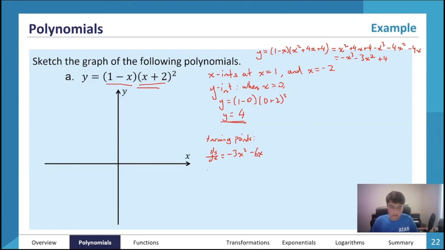Okay, so at the turning points, dy/dx is equal to 0. So therefore we have 0 equal to negative 3x squared minus 6x. We can factor out an x there. In fact, we can factor out a 3x there, so we get negative 3x.